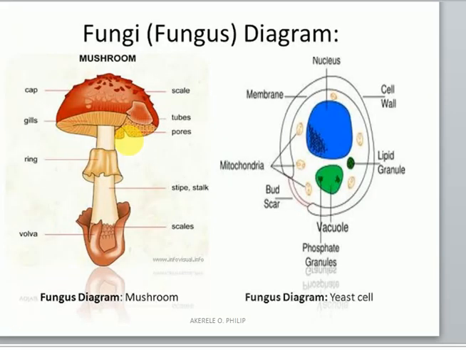Now, this is mushroom. If you can remember, that is under phylum what? Try to see if you can guess that. You can remember, basidiomycetes. And this is yeast, which is used for fermentation and bread and all that, and making puff and the likes.